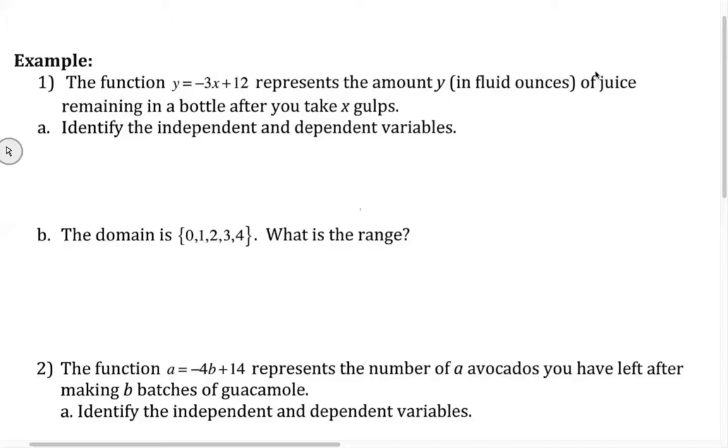Ounces. That you're drinking. There you go. See, told you, you know. So the negative 3 represents the amount of fluid you're drinking per what? What is this called? Starts with an S.